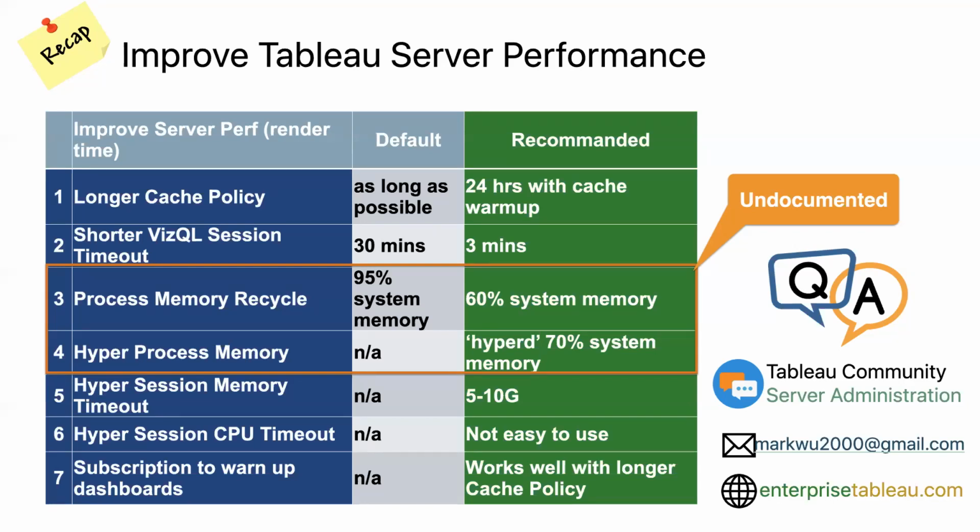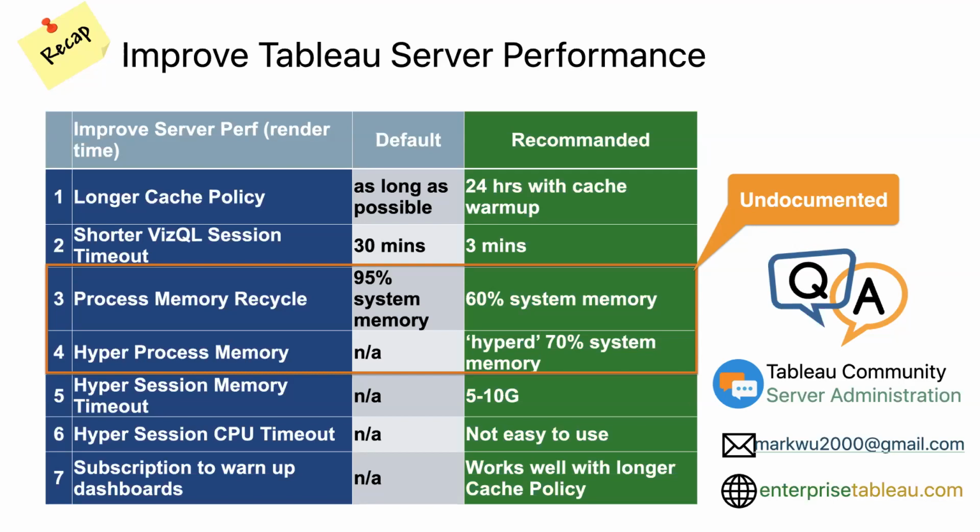Those 7 things, again: number 1, set the cache very long, 18 or 24 hours if you can, plus always set cache warm up, the pre-compute feature. Number 2, time out your VizQL session at about 2 to 3 minutes.